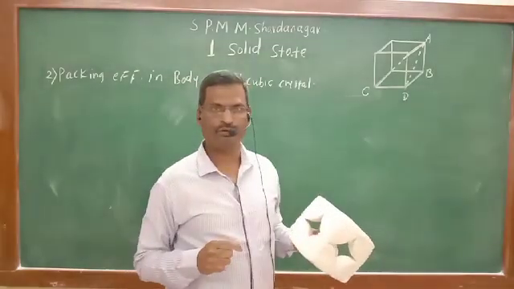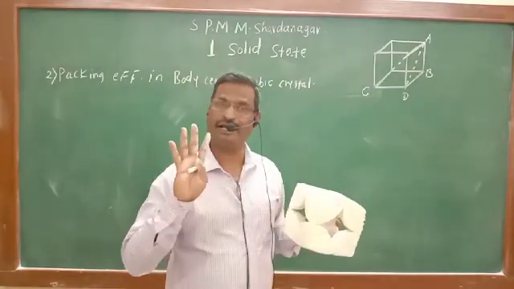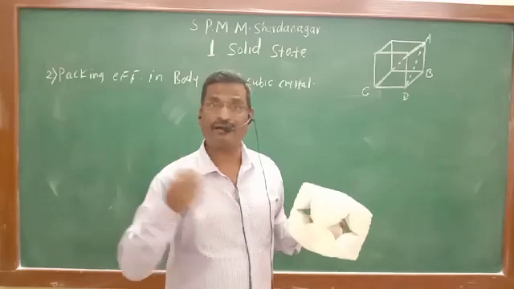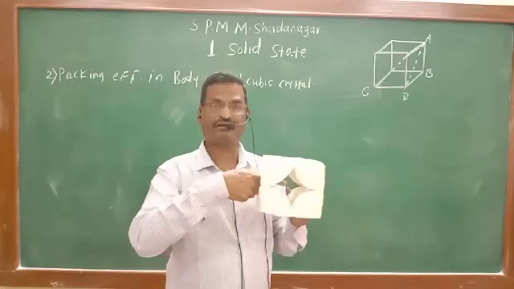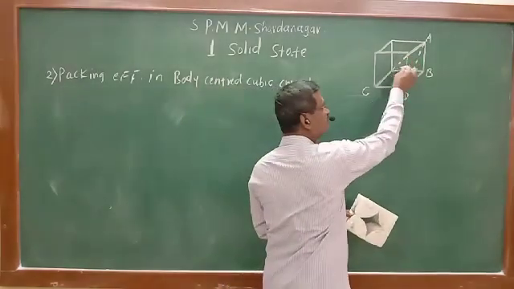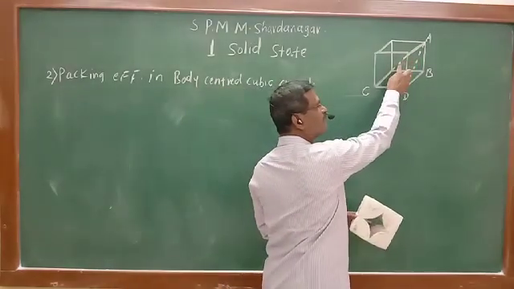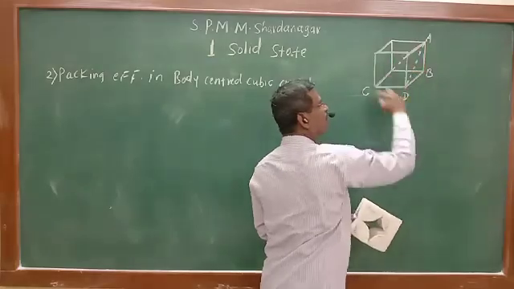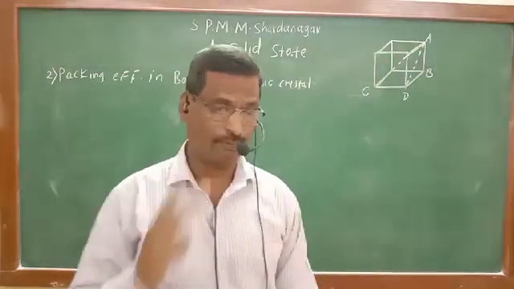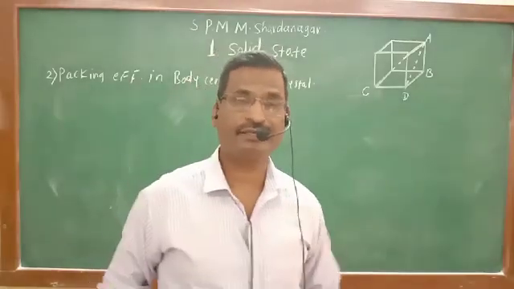Because one particle is present at 8 corners, and one more particle is present at the center, in the empty space. So totally 2 particles are present in the body centered cubic crystal.